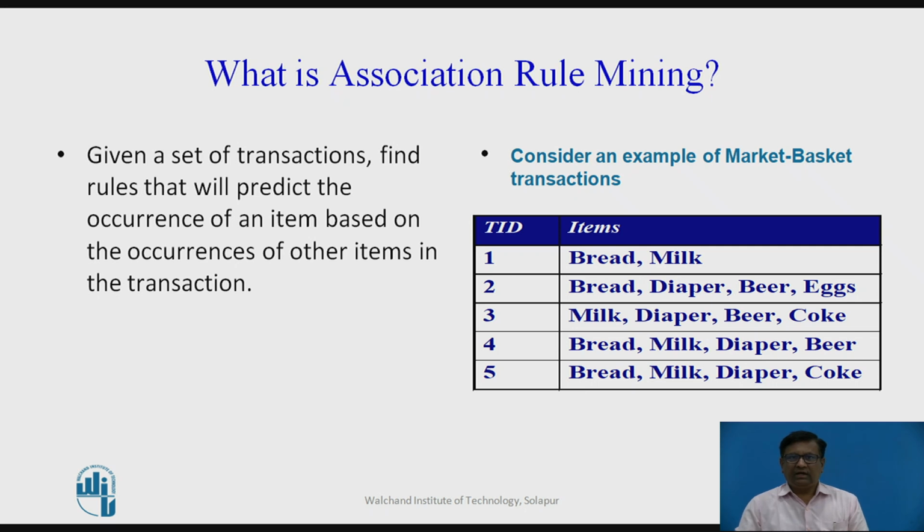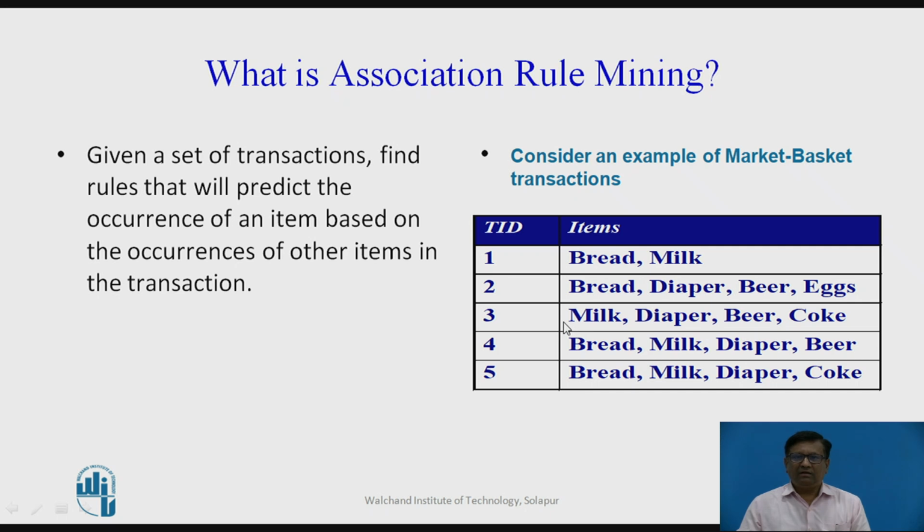On the right side, there are 5 transactions, 1 to 5. In the first transaction, the atoms are bread and milk. In the second transaction, the atoms are bread, diaper, beer and eggs.